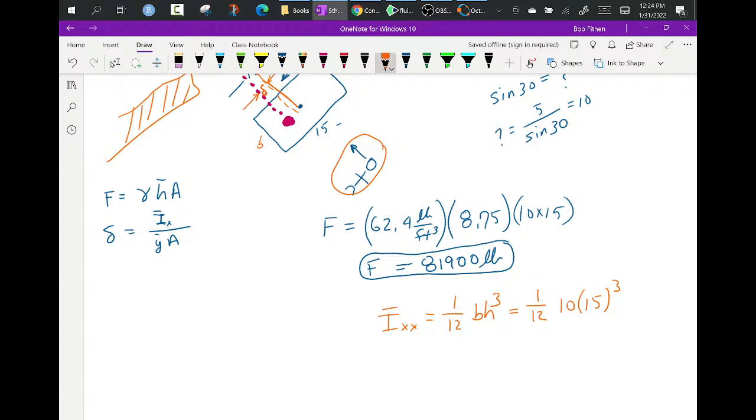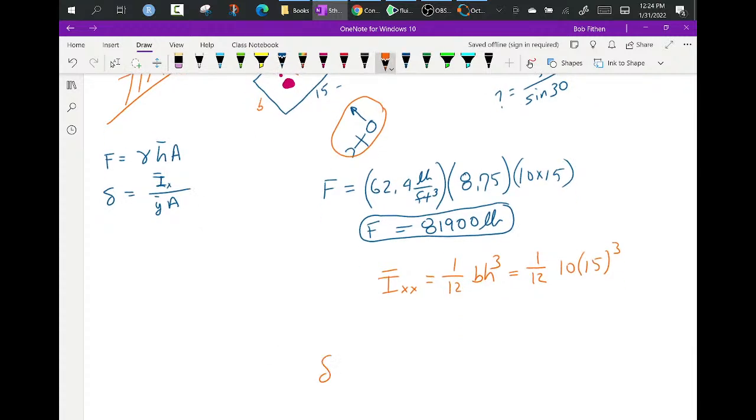Before I calculate this, I'm going to deal with the rest of this, because what I really need is the total delta. So I'm just going to put 1/12, 10, 15 to the third over the area, which is 150. And what is y bar?